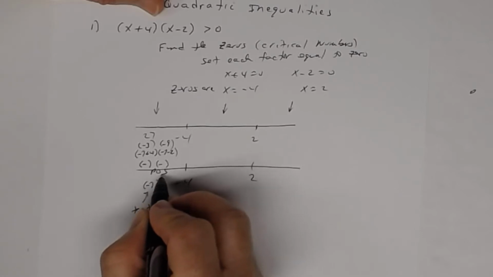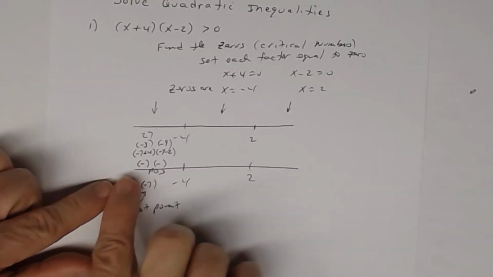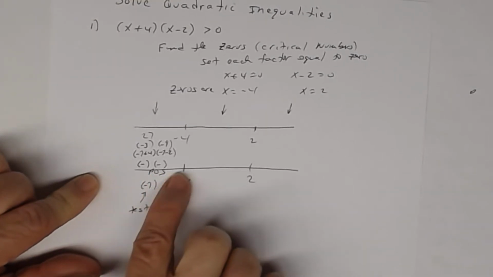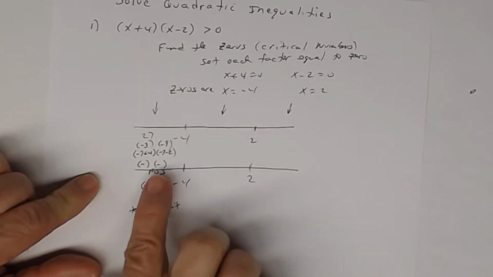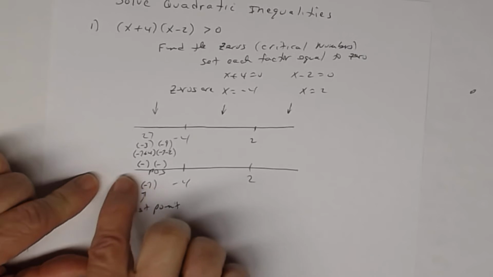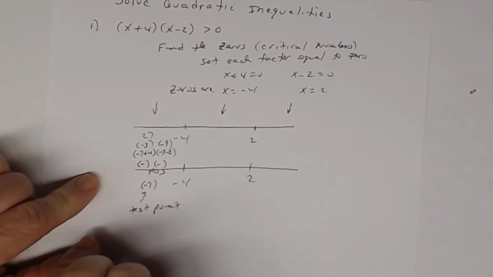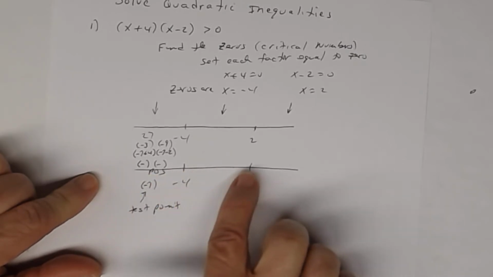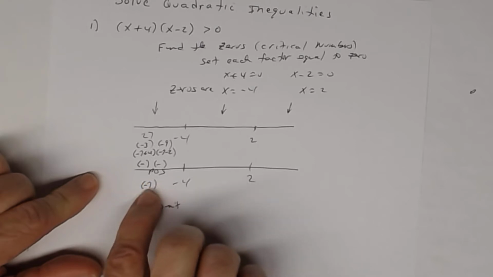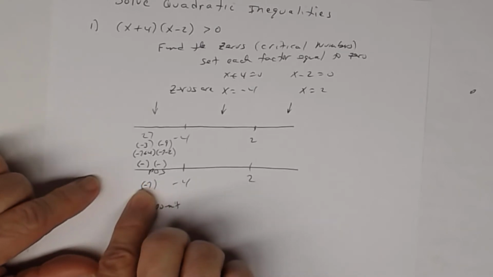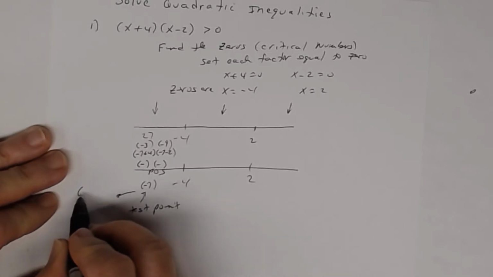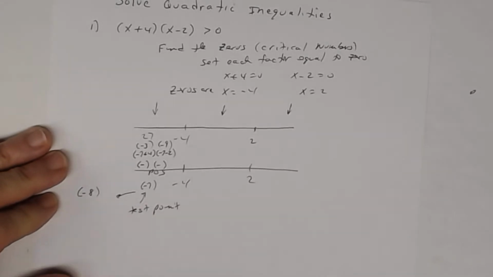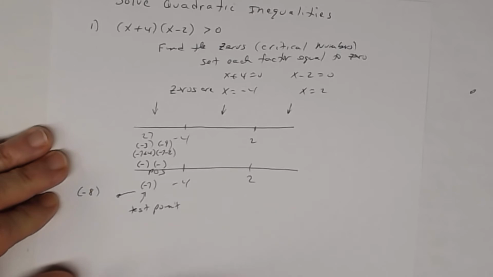So this is positive. No matter what test point I choose between negative infinity and negative 4, this product is positive. So we're going to write the word positive right here. And by the way, if you did the same thing with any test point, it does not matter. For example, if you use a test point of negative 8, is this still going to be positive? Let's see.